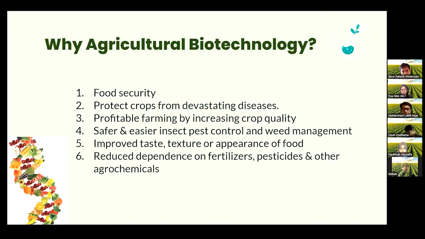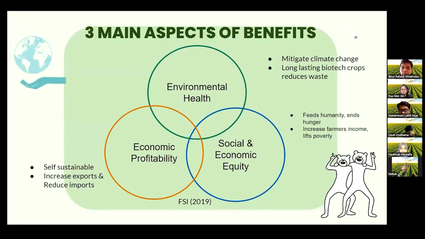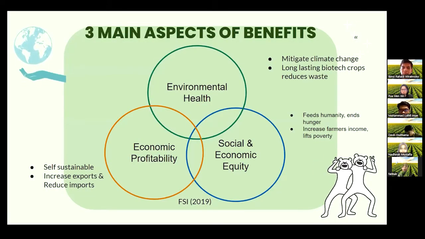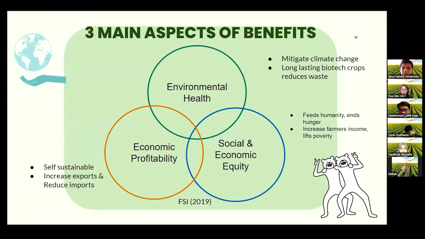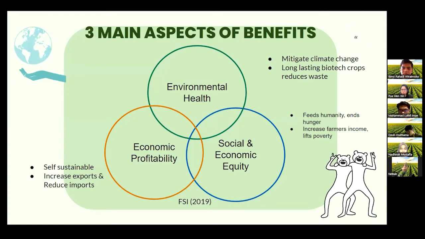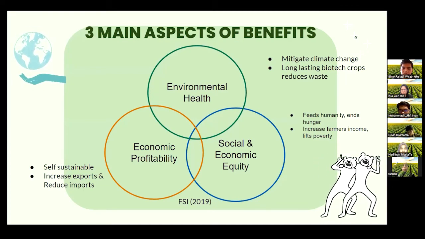Sustainable farming by increasing crop quality, and safer, easier insect, pest control, and weed management. We also improve the taste, texture and appearance of food, and reduce dependence on fertilizers and other agrochemicals. Next, there are three main aspects of benefits. The first one is environmental health, then social and economic equity, and the last one is economic viability.